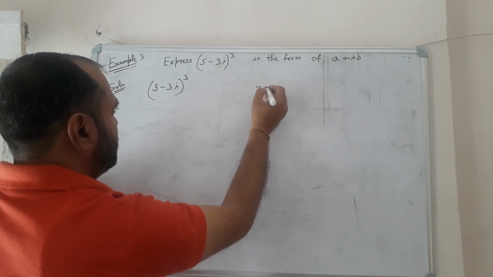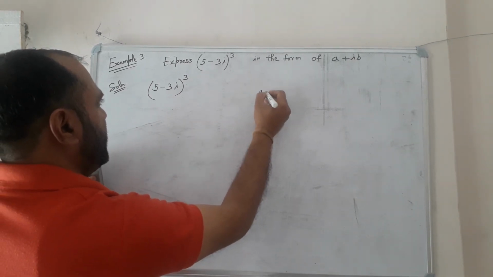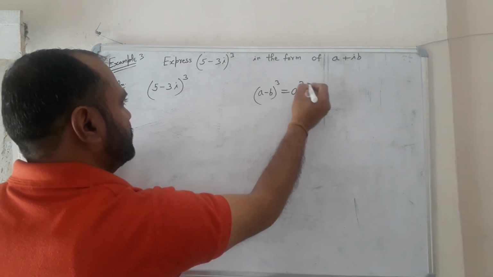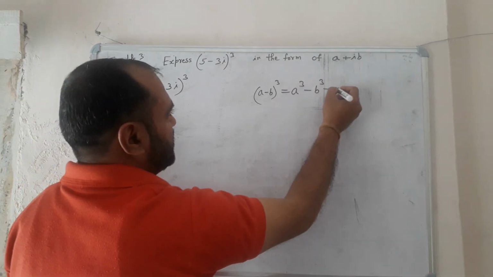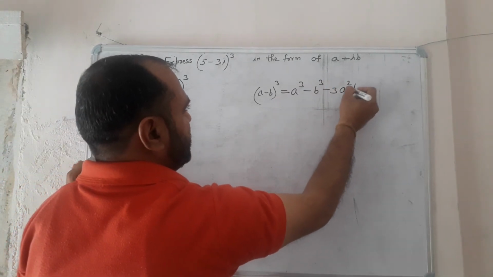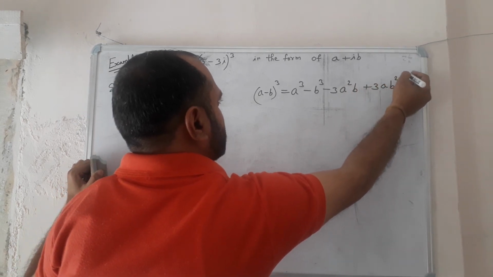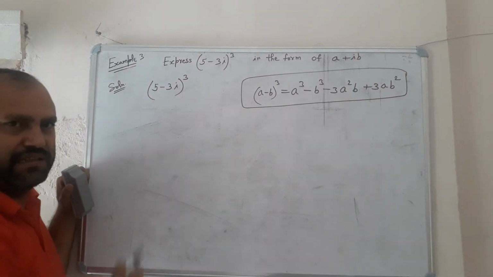You can use the identity here: a minus b whole cube is a cube minus b cube minus 3a square b plus 3ab square. So you can use this identity to simplify this question.